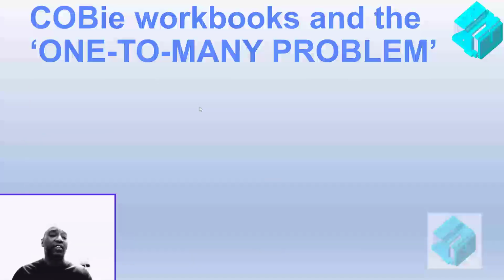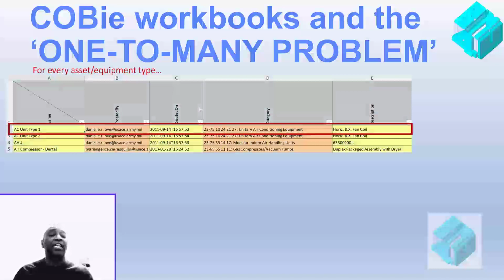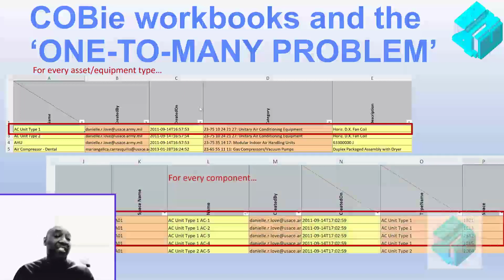Now, what does it look like in terms of the spreadsheet? Here is an example of a particular asset type, which is AC unit type 1. For each one of those asset types, there may be multiple components. And what you'll notice is that the type name is repeated again and again for every instance or every component that is of that particular type.